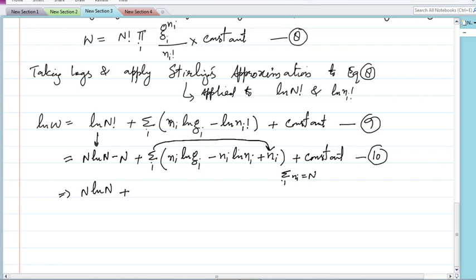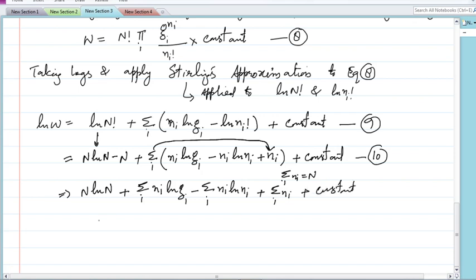So these two terms will go. It will be summation ni ln gi minus summation i ni ln ni plus summation i ni plus constant.